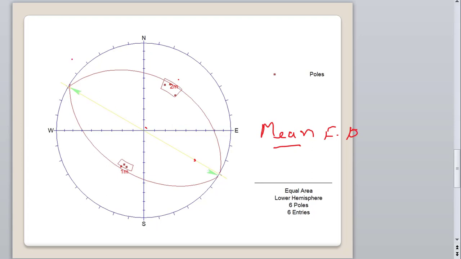But in stereographic projection we have another exercise. If we rotate the stereographic projection until the maximum poles overlay a great circle, we can trace that great circle, for example like this. It may represent the mean of the rotational fault, but always remember this is an arbitrary feature.